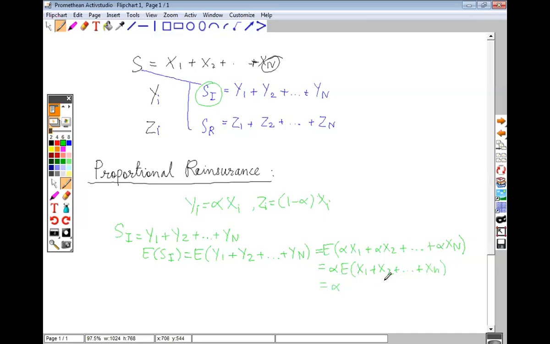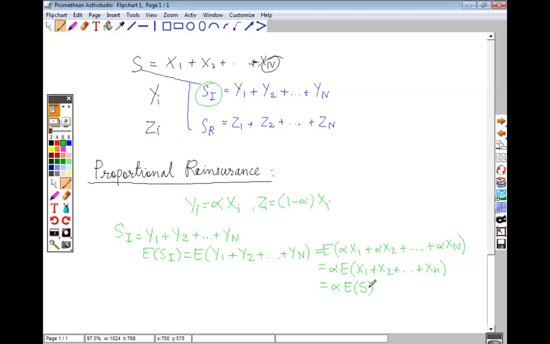And again, how can I rewrite this thing? Anvaya, can you help me with this? How can I rewrite expectation of x1 plus x2 up until xn? N into expectation of Xi. Yes, it will be expectation of N into expectation of X, but the very first step would be that I will just rewrite this sum, which is exactly this, which is S. So it will be expectation of S, right?